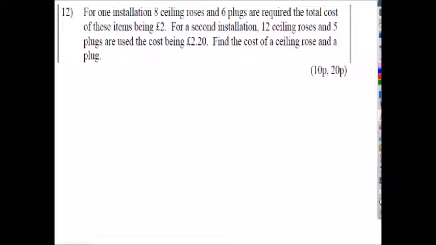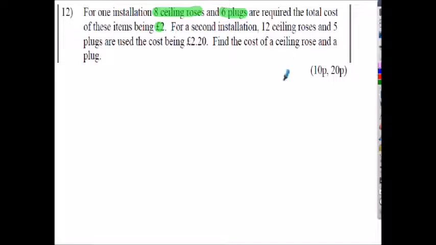In question 12 we're asked to calculate the cost of ceiling rose installation and the cost of the plugs used. This is the building context here. For one installation, 8 ceiling roses and 6 plugs are required at a cost of £2.